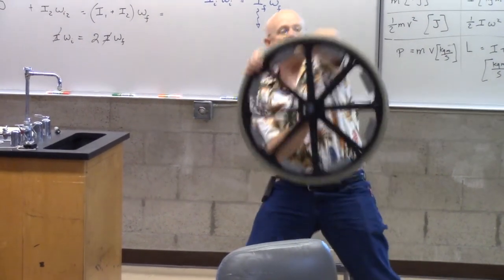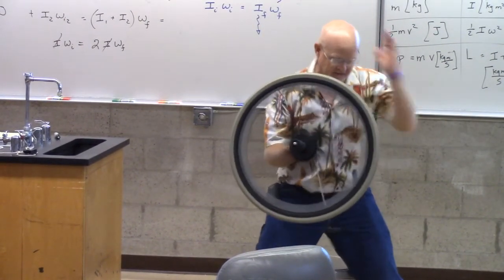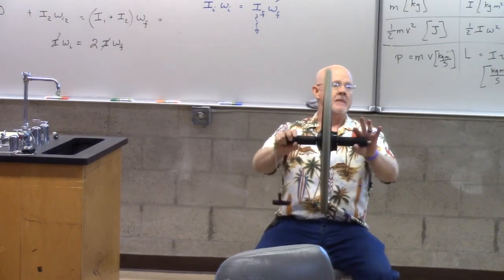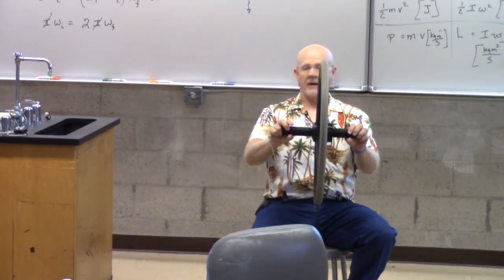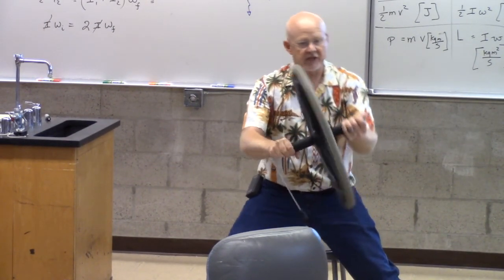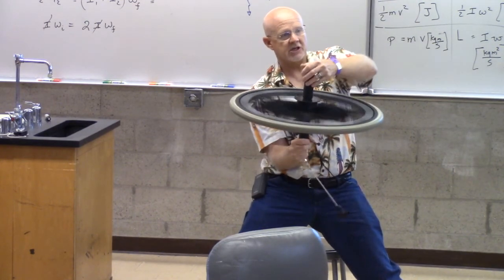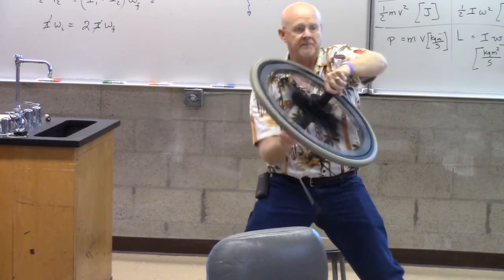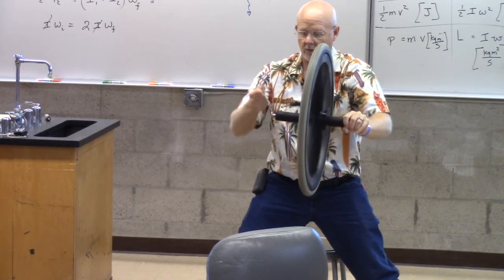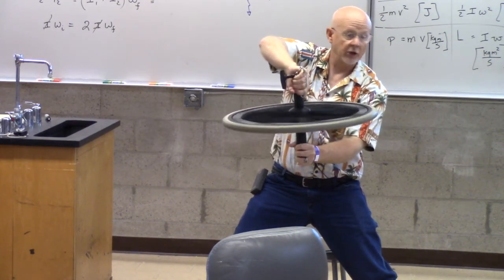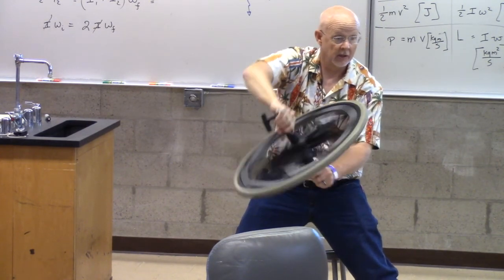Let me get it spinning. But I'll start this time with it in a horizontal direction, because when I turn it this way, I think you can see from above it looks like it's going clockwise. And if I turn it the other way, get rid of that rope, it looks counterclockwise.